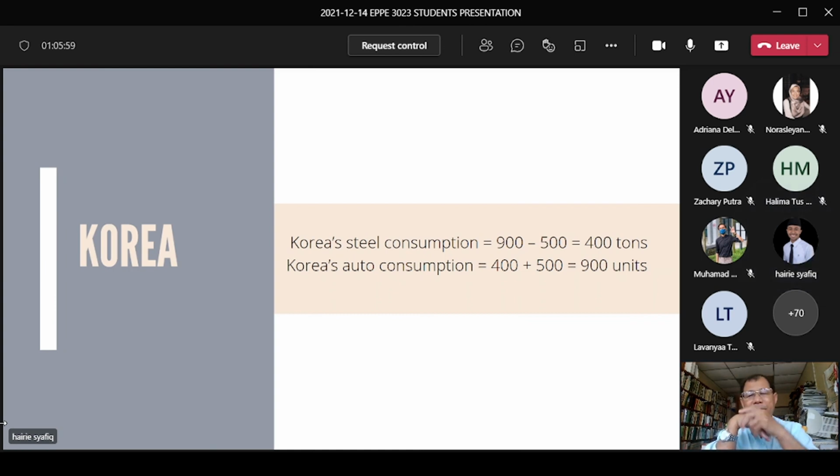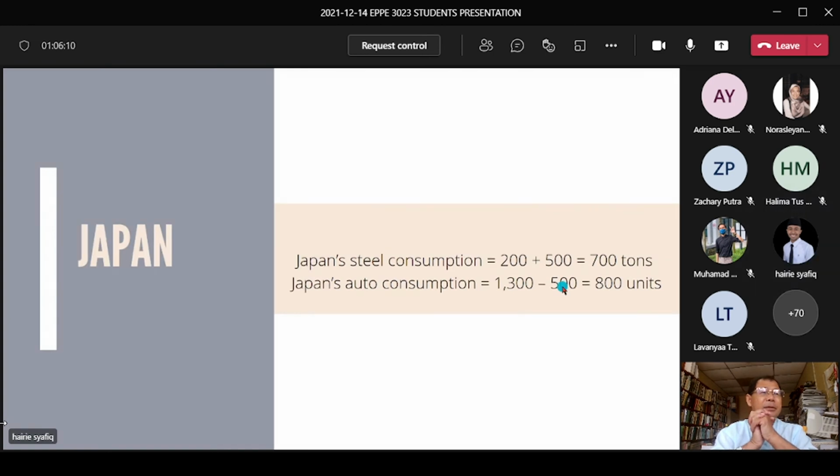For Japan, the consumption gain from trade will be 200 tons of steel and 200 units of autos. That's the answer.